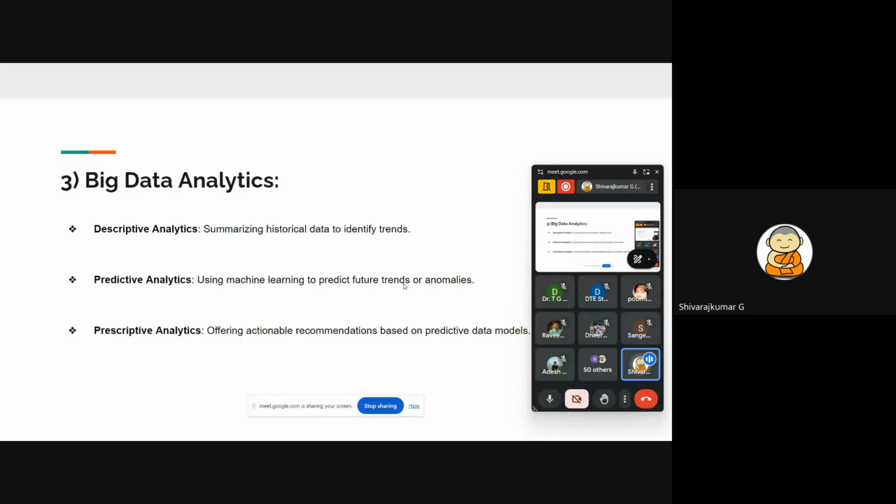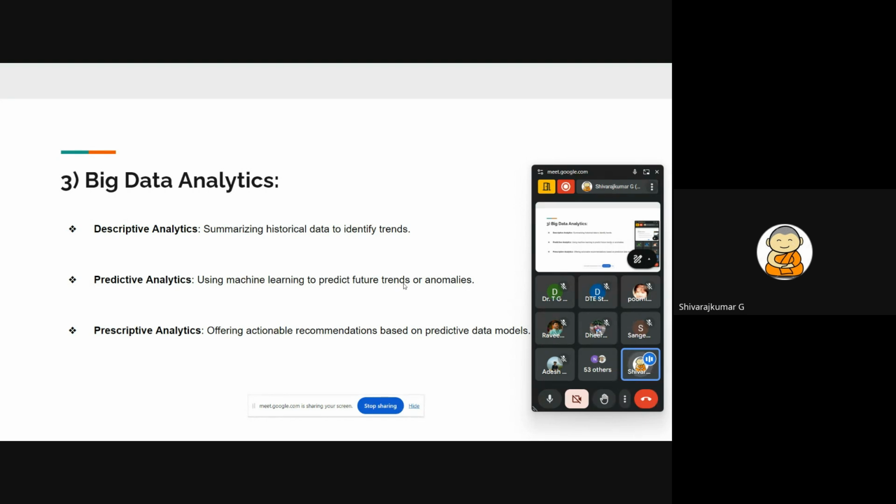We will do different kinds of analysis, like descriptive analytics, for example summarizing historical data to identify trends. For example, if you are using a train app like IRCTC when you want to book a train, suppose seats are all filled and we have to wait in a waiting list.